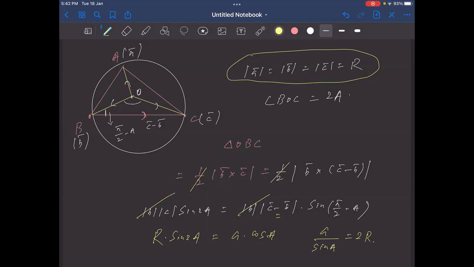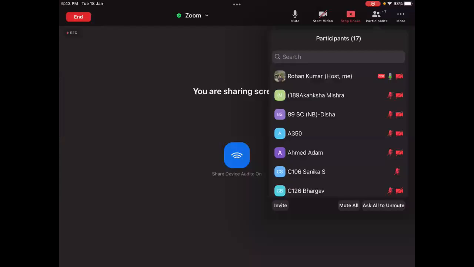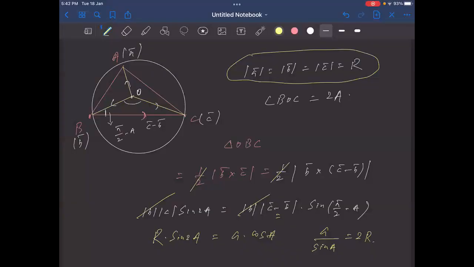Any doubt in this? Anyone? No, sir. ठीक है. Cosine rule, how do we prove? The cosine rule of the triangle, how do we prove in this? Cosine rule होता है ना? What is the cosine rule in a triangle? This is the sine rule.